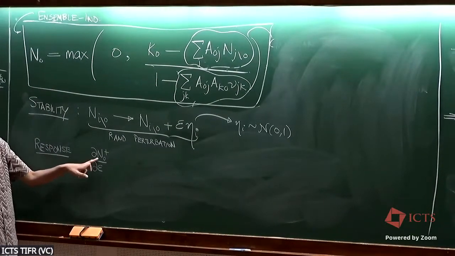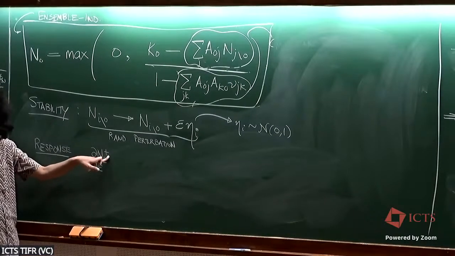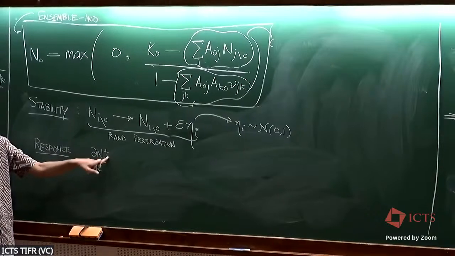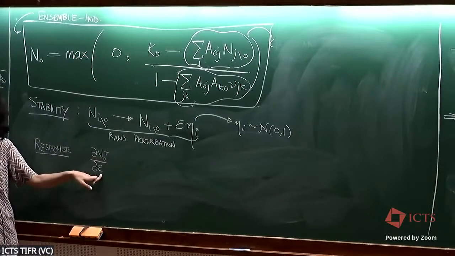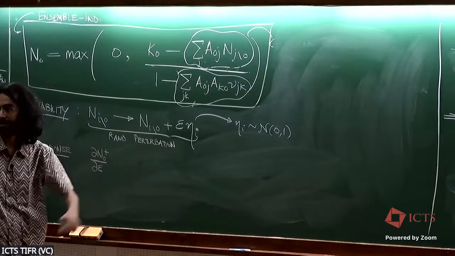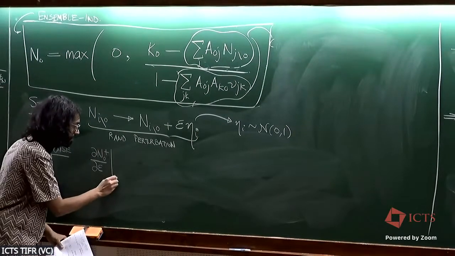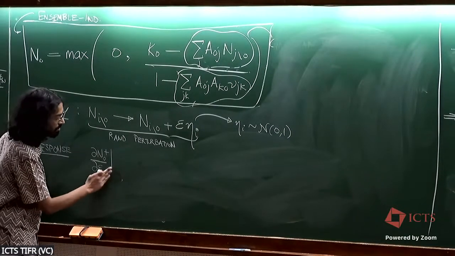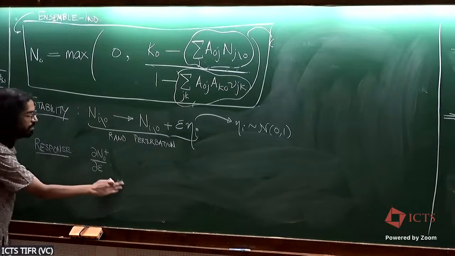How much does N0 of all the surviving species change when we change a little bit epsilon, right? You go from epsilon 0 to epsilon not 0, right? So this is strictly speaking about epsilon equal to 0. But I'll erase that because it'll get tedious.